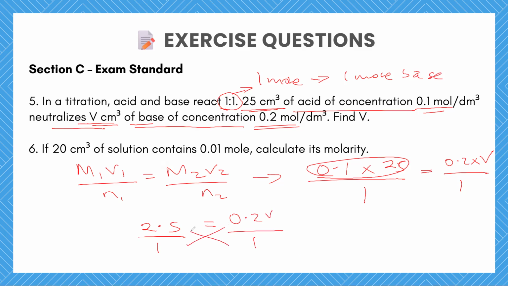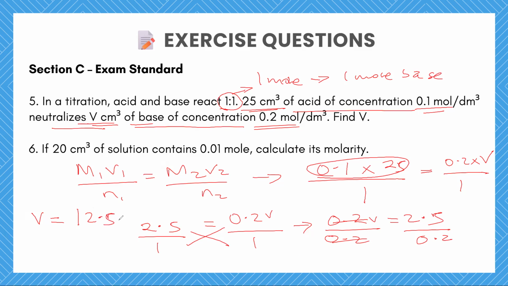At this point, we can cross multiply. When we do, we have 0.2 V is equal to 2.5. At this point, we are looking for V. So we simply divide both sides by the coefficient of V, which is 0.2. So V is equal to 2.5 divided by 0.2, and that gives us 12.5.